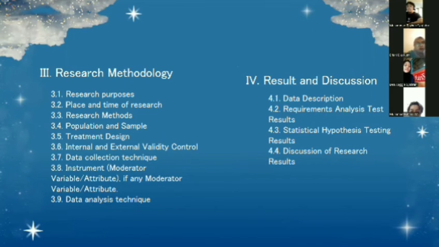In chapter 3, research methodology. The first ones are research purpose, place and time of research, research methods, population and sample, treatment design, internal and external validity control, data collection technique, instrument or moderator variable or attribute, and data analysis technique.